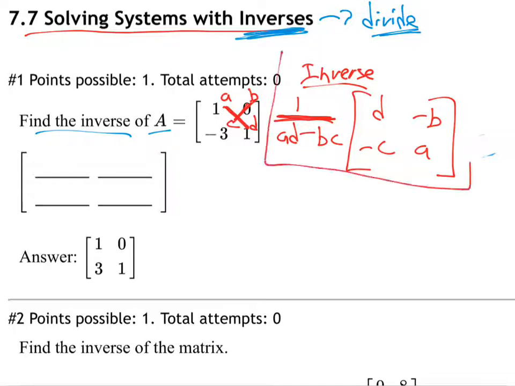There it is. There's the formula. I'm going to do it on this particular problem. But there's the formula for how you find the inverse of a matrix.